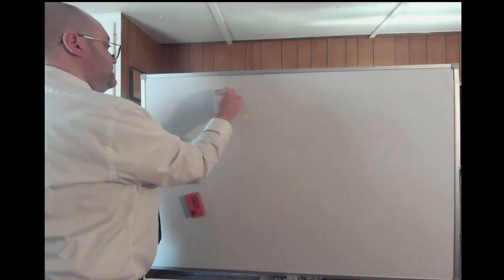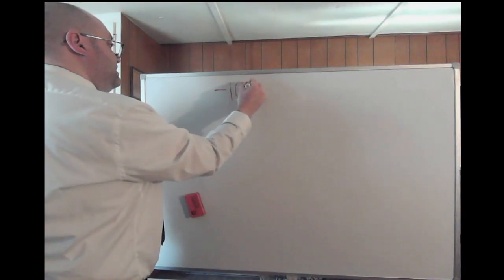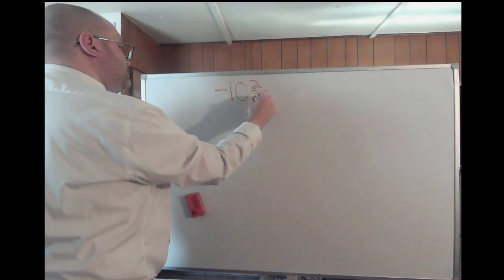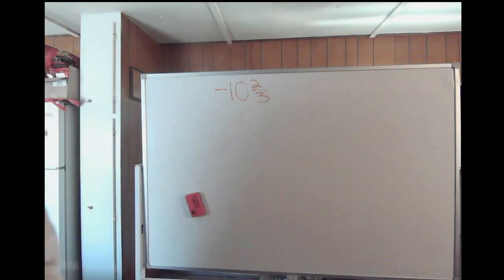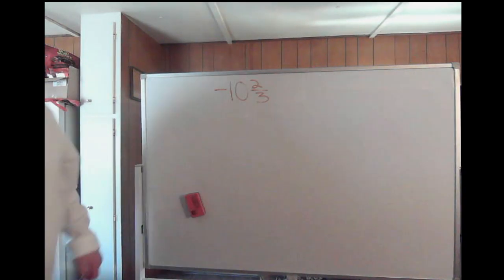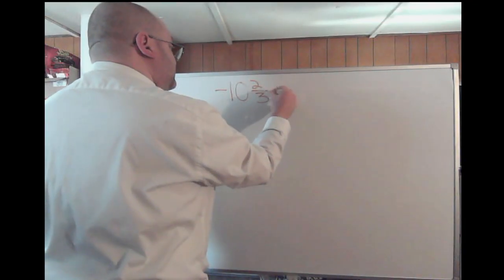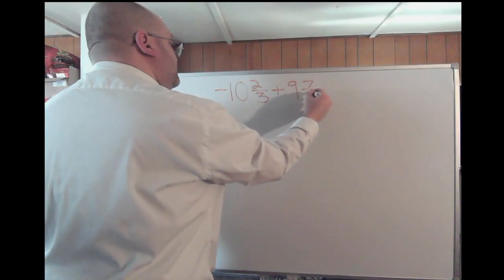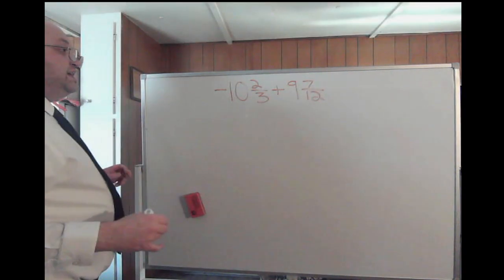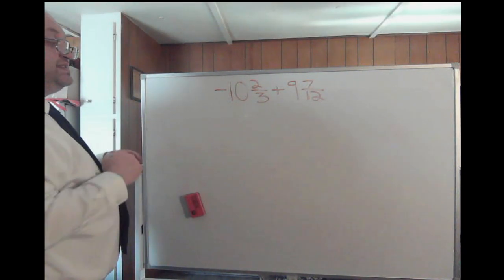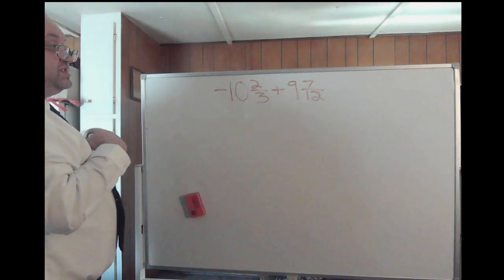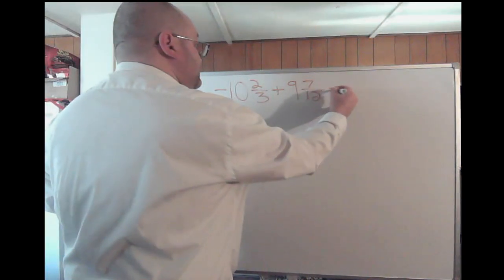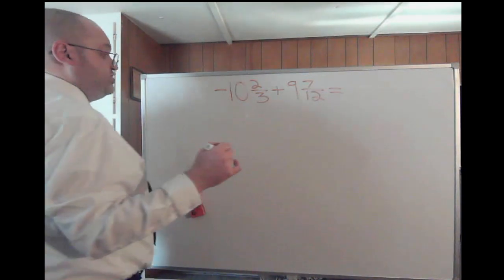How about negative 10 and 2/3? We got negative 10 and 2/3 plus 9 and 7/12. First thing I would do, once again, convert these mixed numbers into improper fractions.